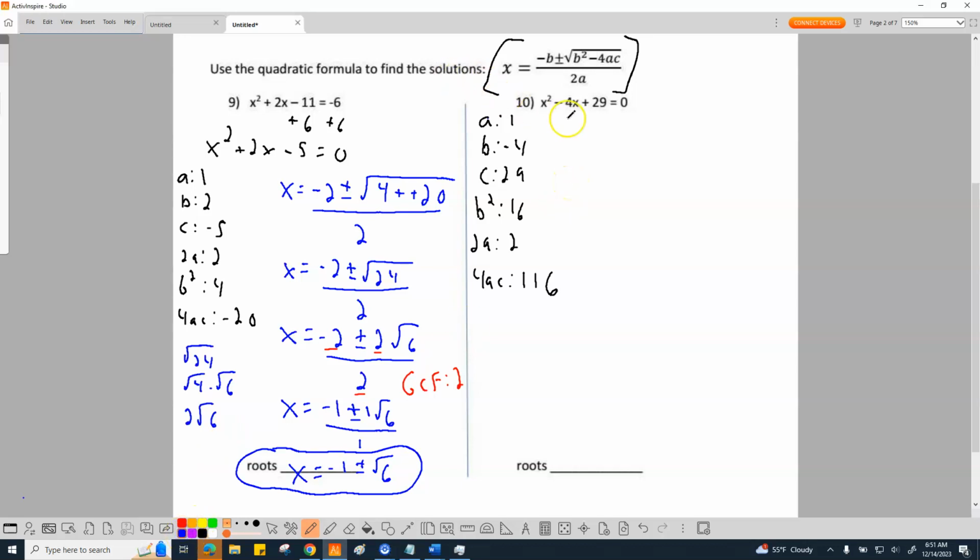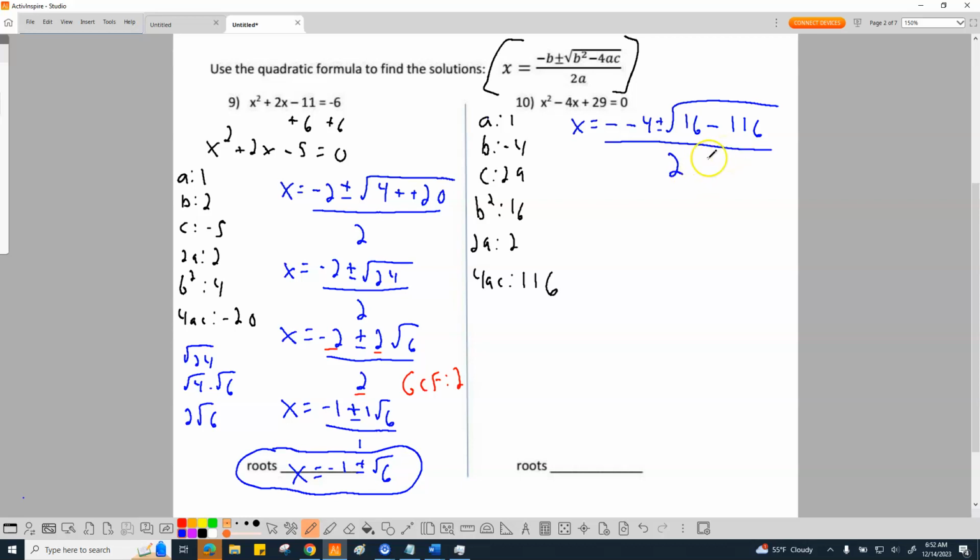So now we have x equals, y'all, that negative has to be there. My b is also negative. Notice the importance of that. Plus minus square root. B squared is 16. That minus right there has to come down. My 4ac is 116. All over 2a, which is 2.